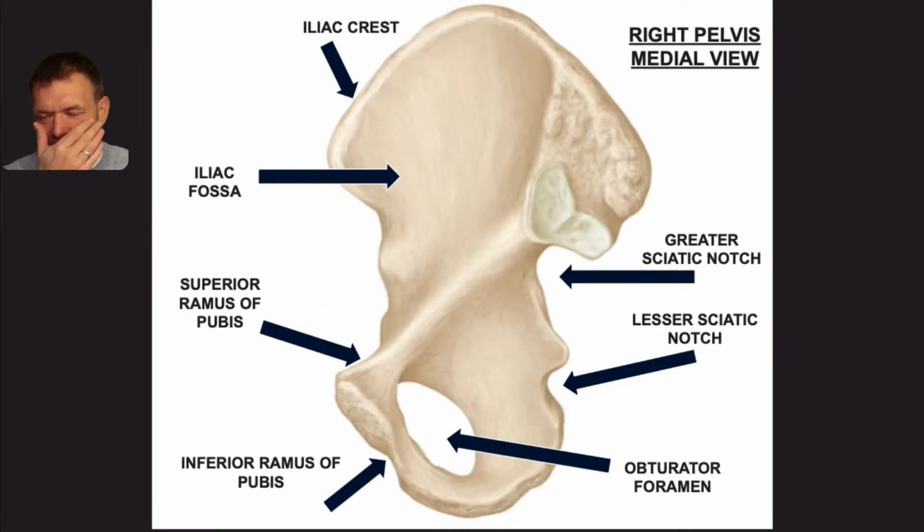There we go. Right, so let's have a look at this. This is the view from the inside. Now this is a really nice one. There's the auricular shape of the sacroiliac joint. You can see it does look like an ear.